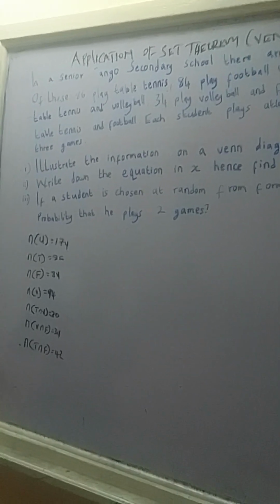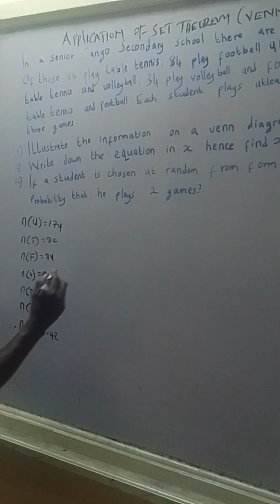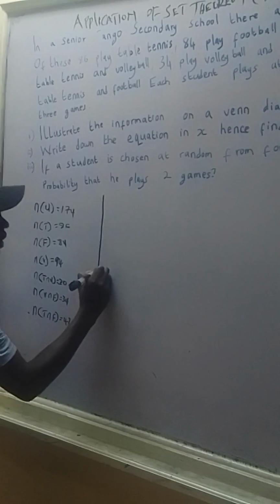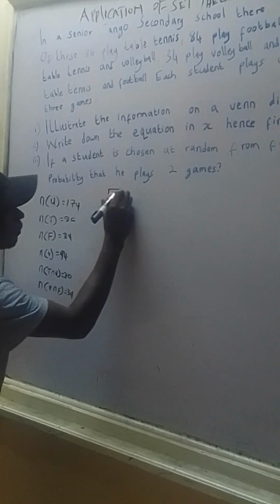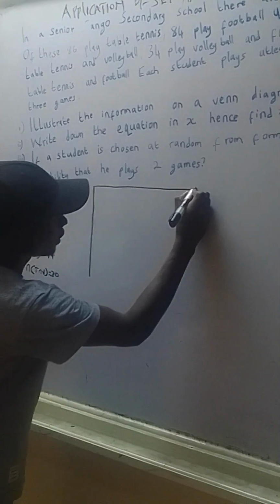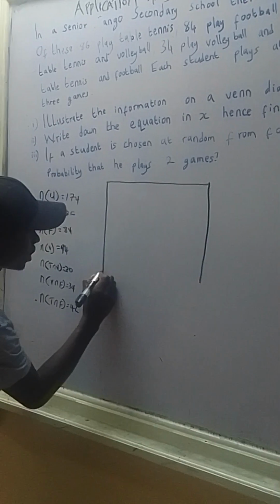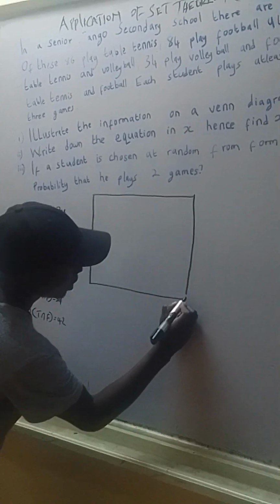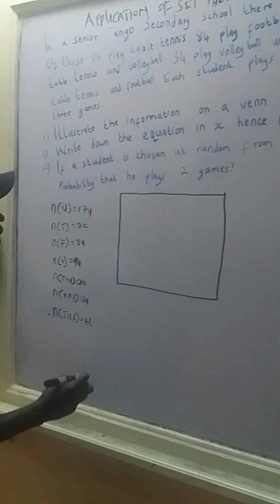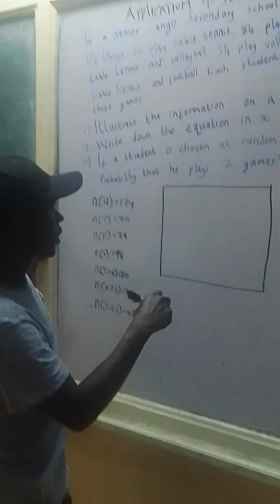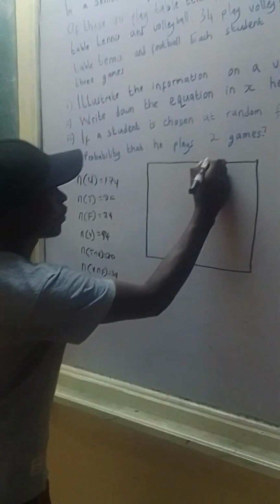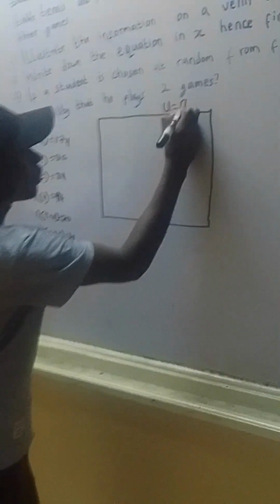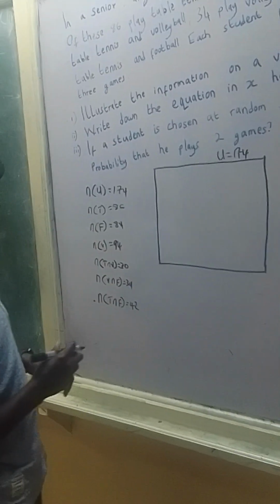So we draw our Venn diagram, and it's usually a rectangular shape. So this is the Venn diagram, as you can see. The cardinality of this universal set is 174, which means the total number of students is 174.